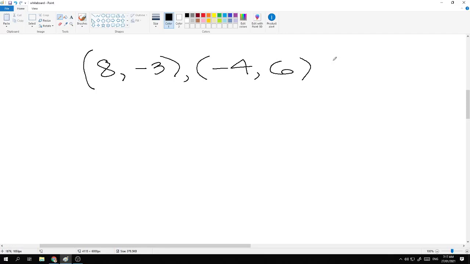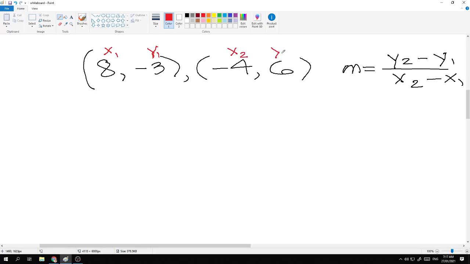M is equal to y sub 2 minus y sub 1 over x sub 2 minus x sub 1. And again, just like what we did a while ago, assign. This will be x sub 1, y sub 1, x sub 2, y sub 2.